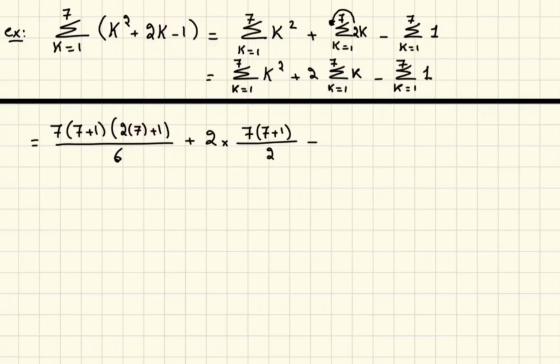And for the last one, whenever I don't see the index here, then directly we are allowed to multiply these 2. So this will be 7 multiplied by 1.